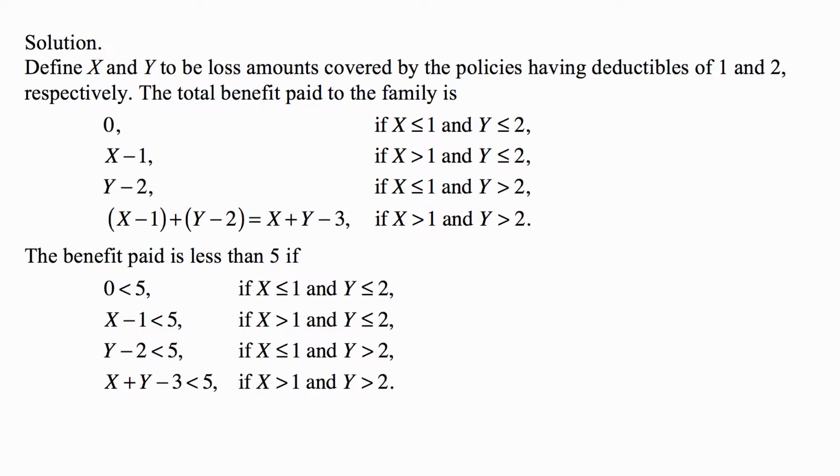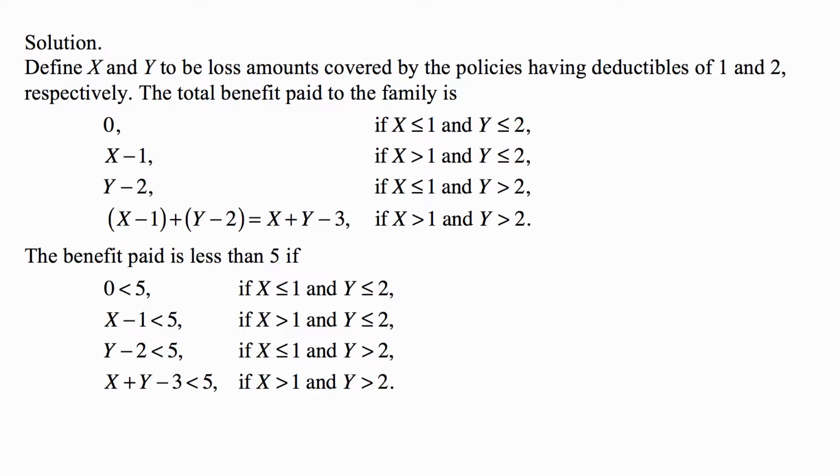It's X minus 1 if X is more than 1 and Y is less than or equal to 2. It's Y minus 2 if X is less than or equal to 1 and Y is more than 2. And finally, it's X minus 1 plus Y minus 2, which together adds up to X plus Y minus 3, if X is more than 1 and Y is more than 2, so that both losses are above the deductible.